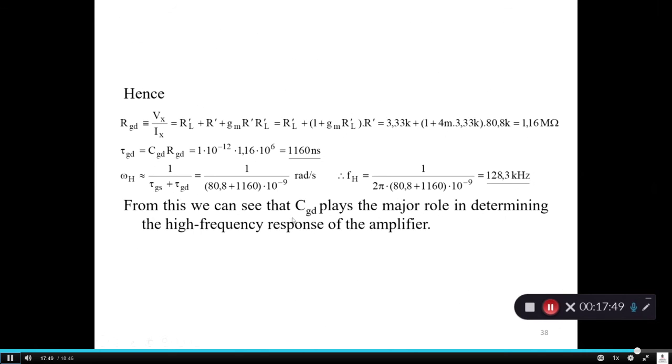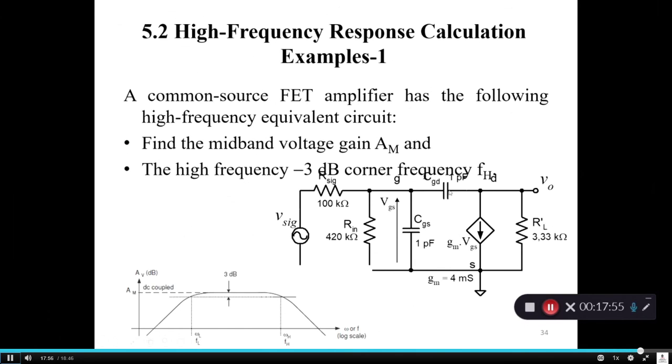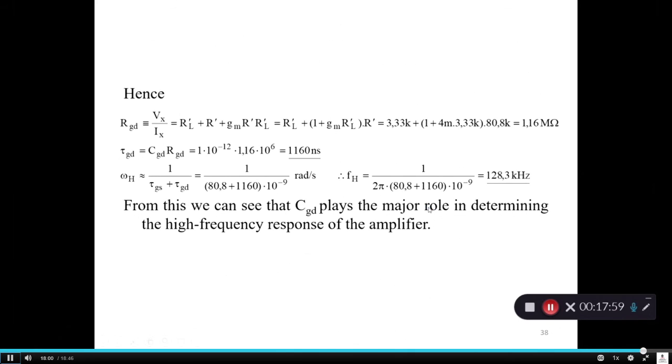From this, we can see that this CGD has more effect, playing the major role in determining the high frequency response. Because if you see the time constant here, this one has 1160 and it has only 80.